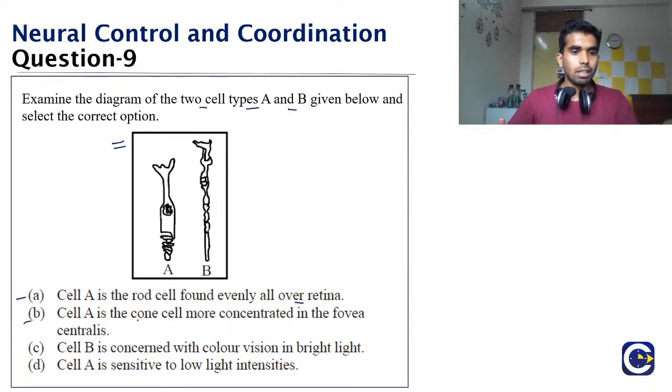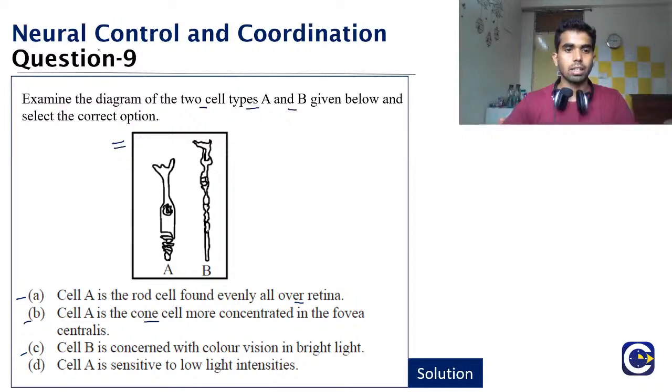Option B, cell A is the cone cell and it is more concentrated in the fovea centralis. Option C, cell B is concerned with color vision in the bright light. And option D, cell A is sensitive to low light intensities.